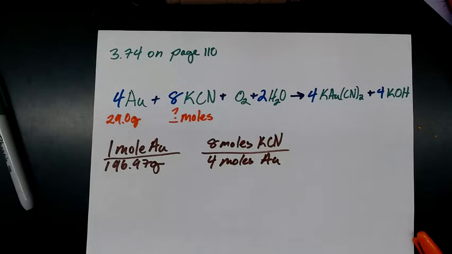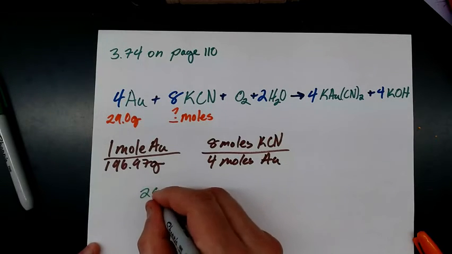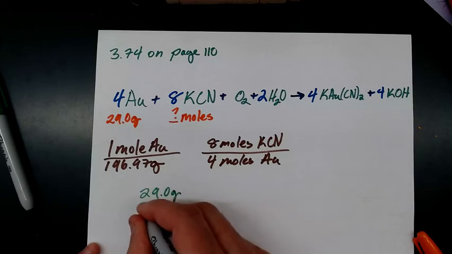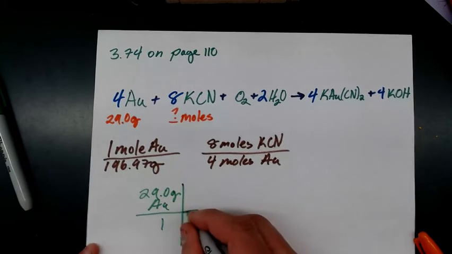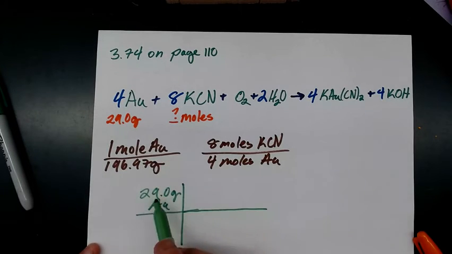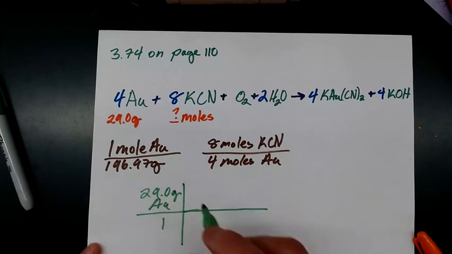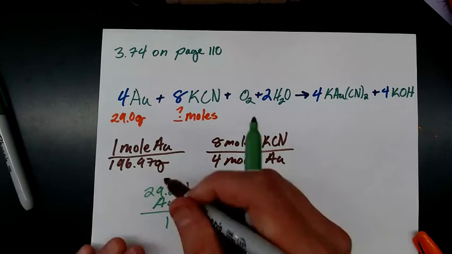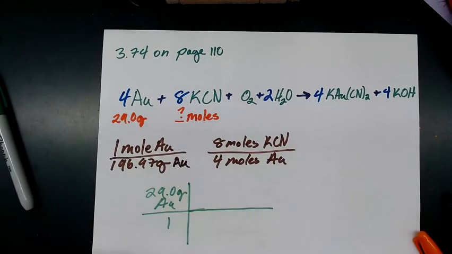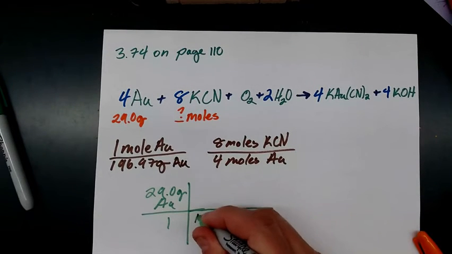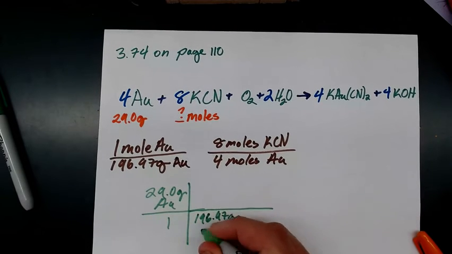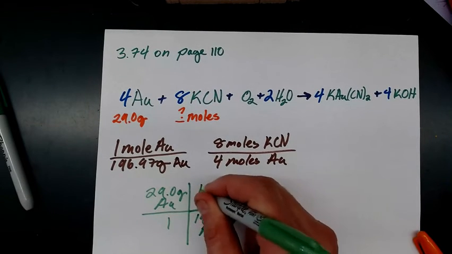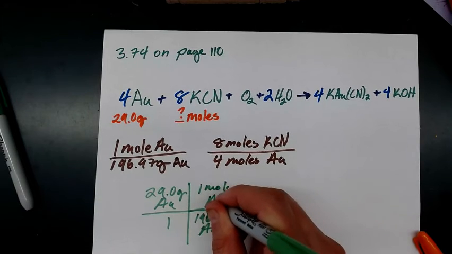So here we go. The first thing I'm going to do is say we're going to use our 29.0 grams of AU, put that over 1. The next thing, since I have grams of AU, I should also put AU over here. I'm going to say 196.97 grams of AU is 1 mole of AU.